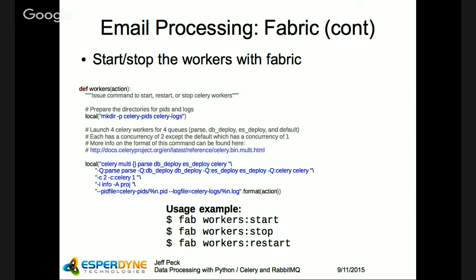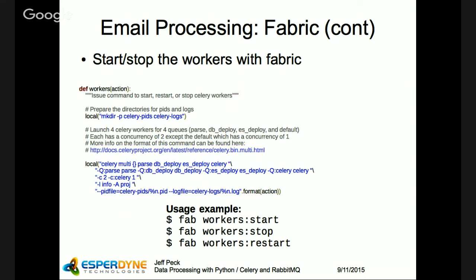You can configure these things however you want. For the Elasticsearch deploy, you could have a concurrency of 8. That means 8 different workers working all at once. We're keeping it simple here, and start, stop, and restart are the 3 things that you can do from this.